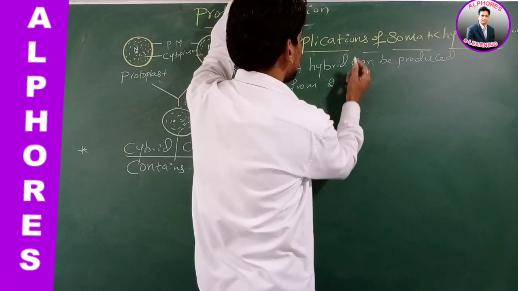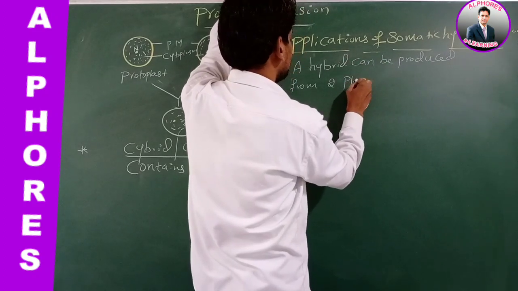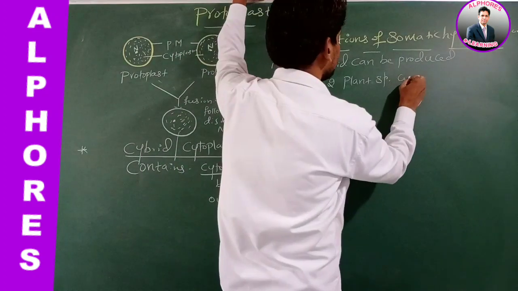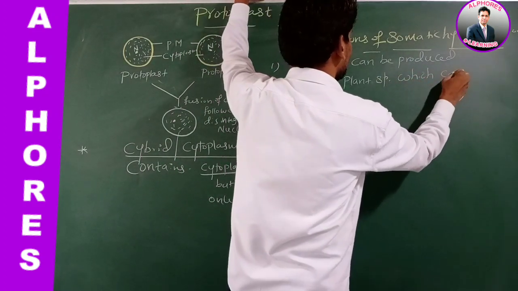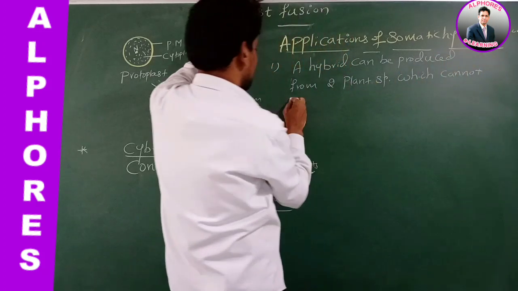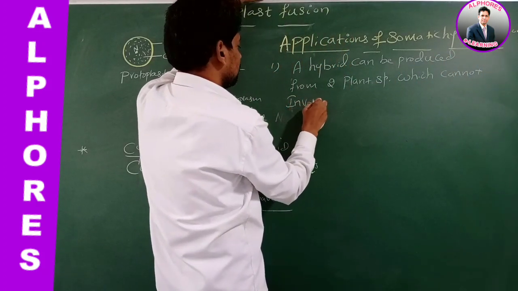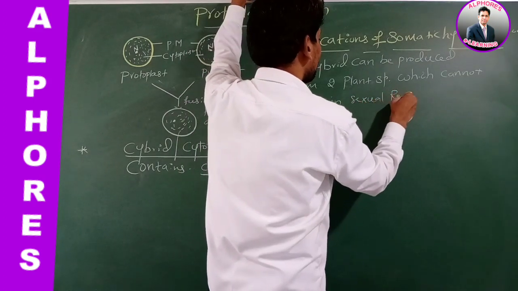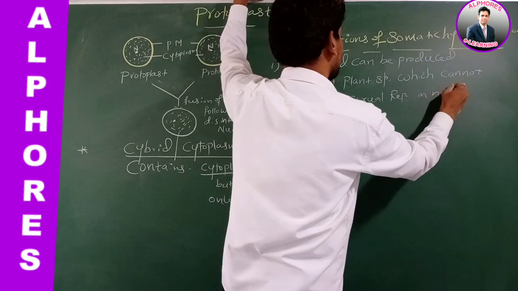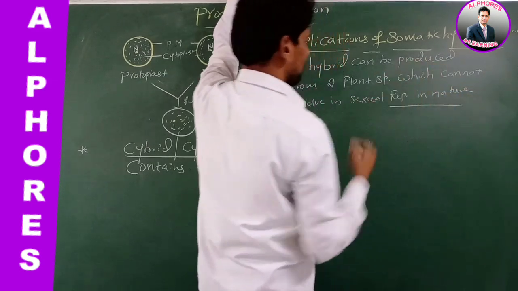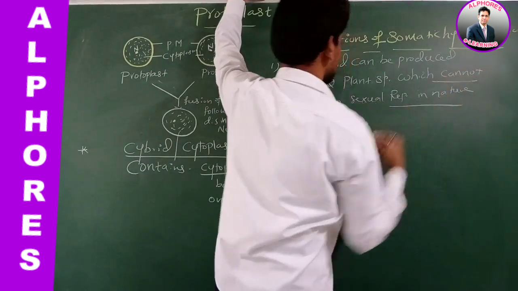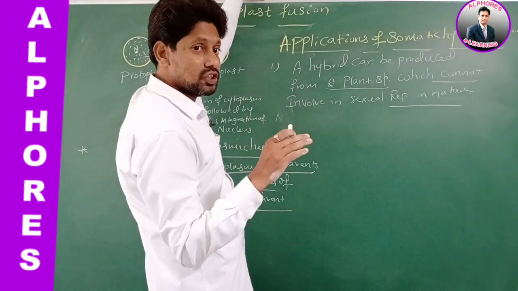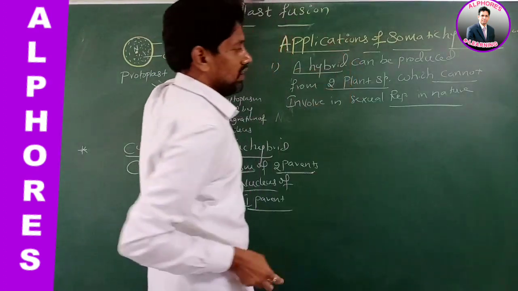From 2 plant species which cannot involve in sexual reproduction in nature. Therefore, in nature, sexual reproduction is not possible between 2 plant species. From such 2 plant species, we can produce a hybrid.